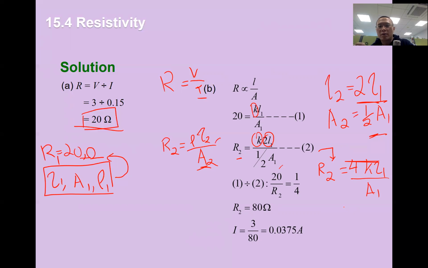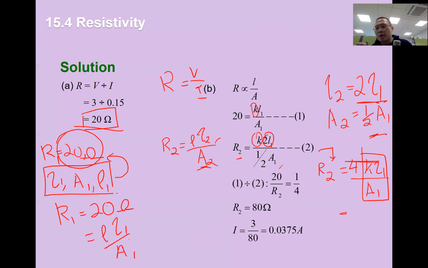And you'll find that K L1 over A1 is 20 ohms, because this is resistance 1, which in the previous example is 20 ohms, and the formula is rho L over A, with L1 and A1. So R2 is actually 4 times R1, which is 4 times 20, which gives you back 80.